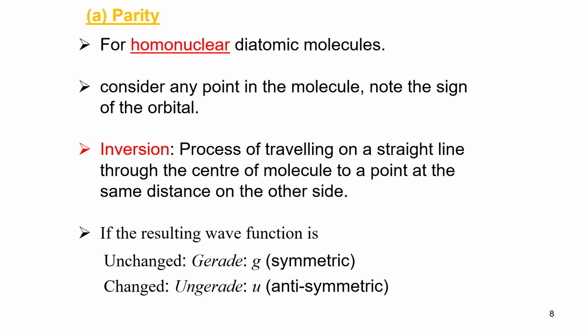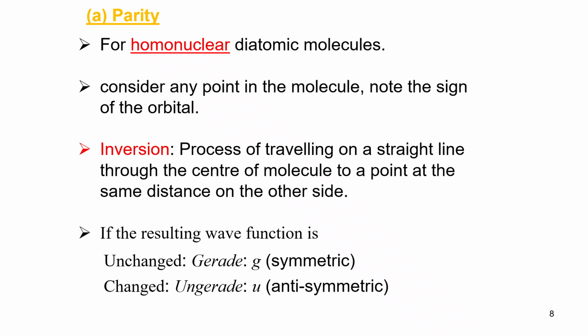In addition to these three parameters, which are the multiplicity, the state symbols, and the effect of spin-orbit coupling, there are other parameters such as parity to label the molecular term symbols. Parity is applied for homonuclear diatomic molecules, where we consider any point in the molecule and note the sign of the orbital upon traveling on a straight line through the center of the molecule to a point at the same distance on the other side.